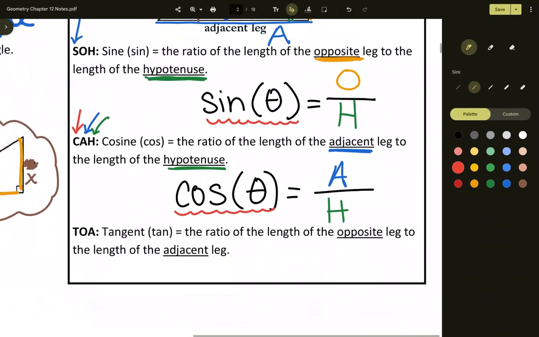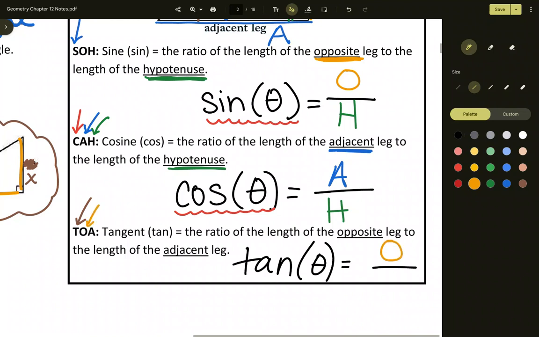Now, that's great. We're comparing opposite and hypotenuse, or adjacent and hypotenuse, but what if we have the opposite and adjacent sides on the triangle? In that case, we use the tangent function. The T in TOA, the abbreviation, stands for tangent. So I'm going to write that down. Tangent of our angle is equal to, and if you look at the abbreviation, O and A, O stands for opposite and A stands for adjacent.